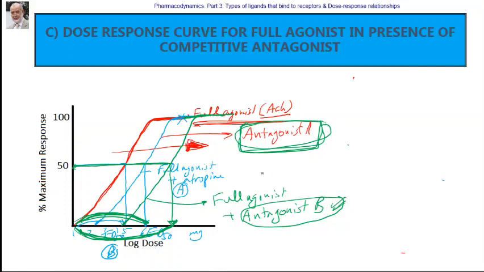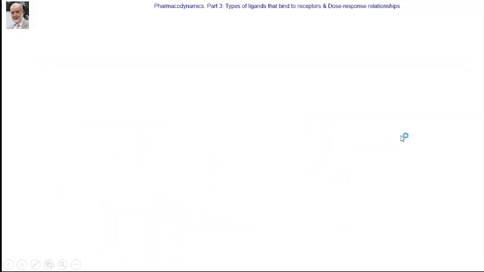This means the dose response curve of the full agonist will be shifted to the right, and this shifting is usually parallel and with the same slope. Okay, so this is the first type of pharmacological antagonist, which are competitive antagonists.